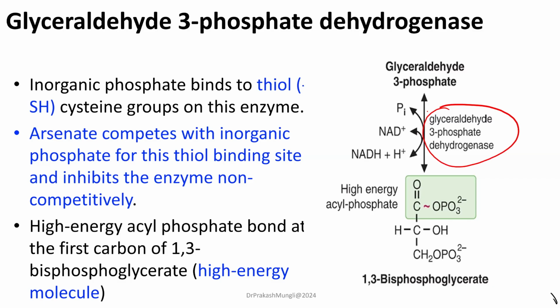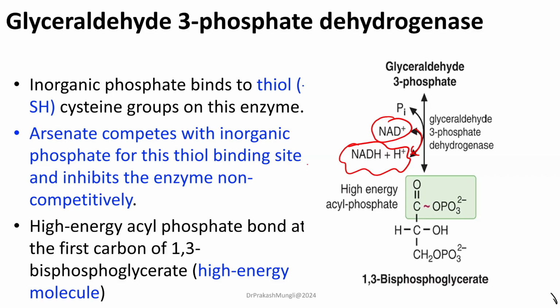That means your glyceraldehyde 3-phosphate is oxidized and NAD, which is entering into the reaction, is reduced into NADH plus H+. It's an oxidation reduction reaction. So NAD is getting in and NADH plus H+ comes out of this reaction, while your glyceraldehyde 3-phosphate is oxidized to 1,3-bisphosphoglycerate. The enzyme name is glyceraldehyde 3-phosphate dehydrogenase.